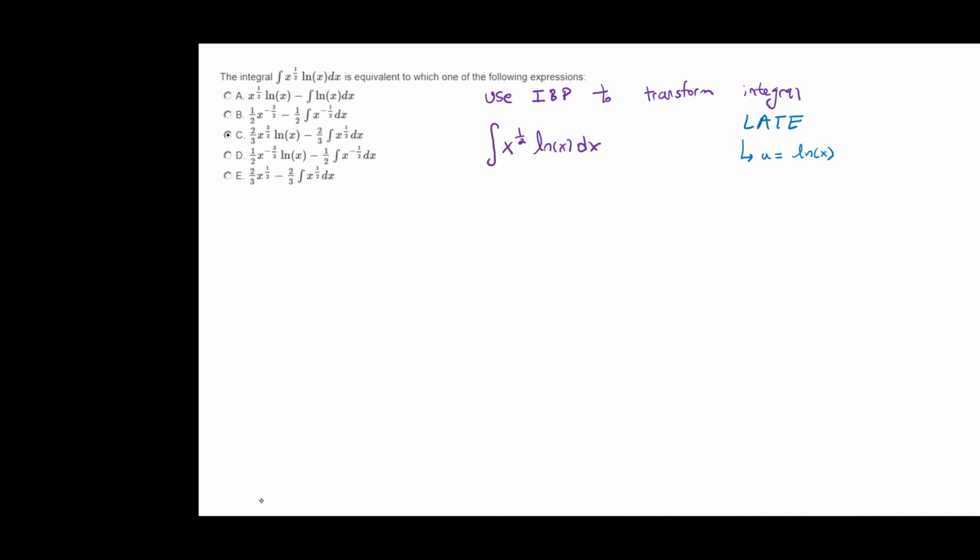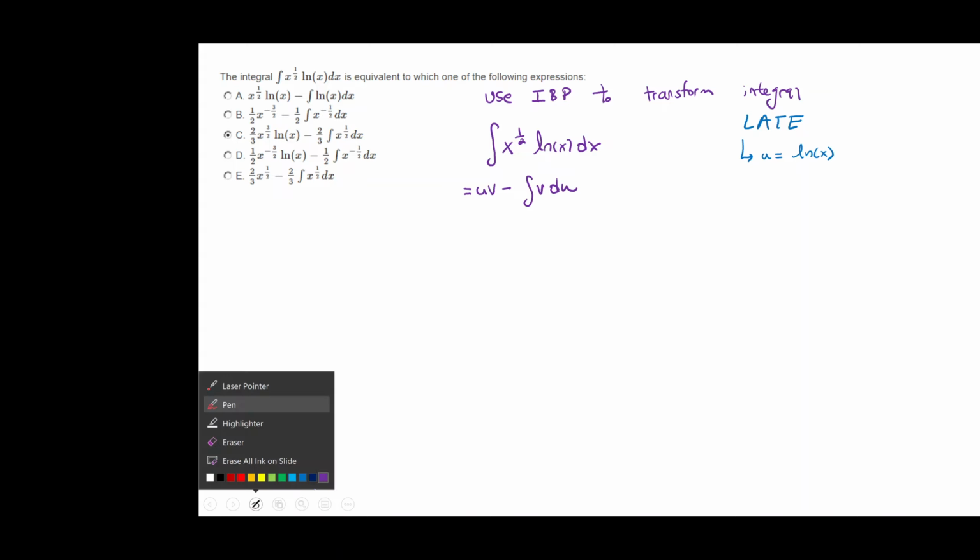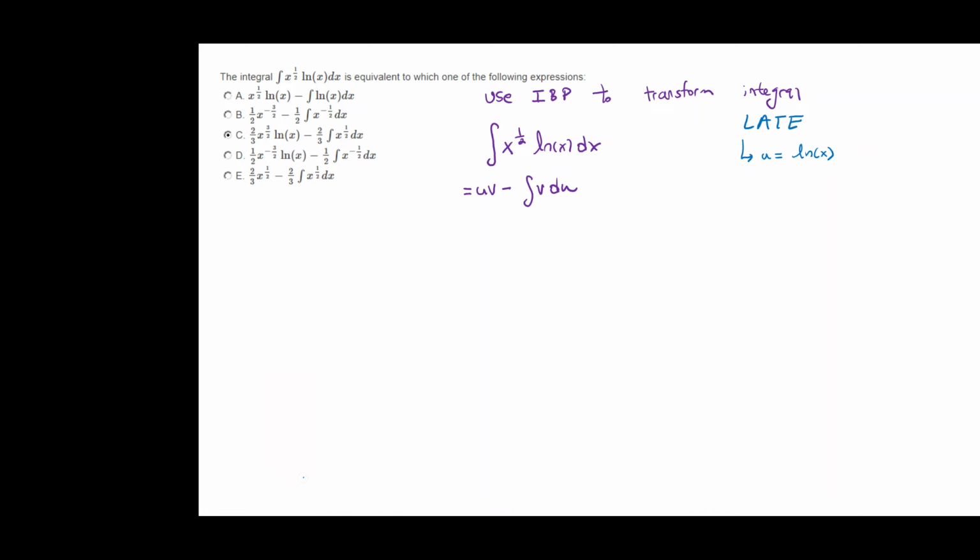Then our integration by parts formula says that this integral we can express as the integral of u times dv, and we can rewrite that as uv minus the integral of v du. dv is everything else inside the integrand and the differential, so x to the power 1/2 dx.